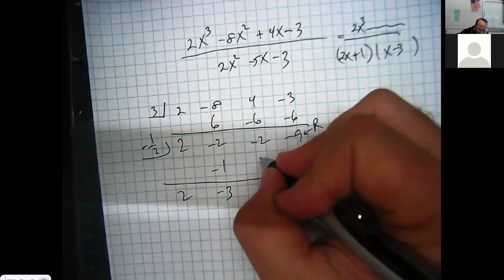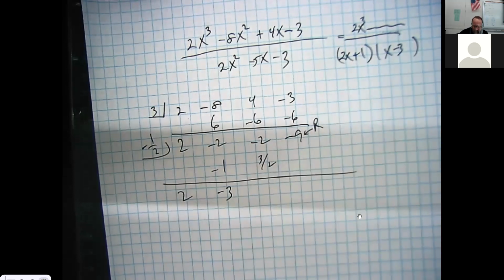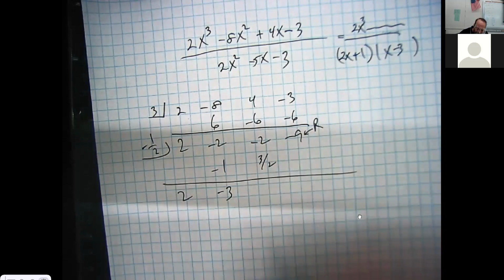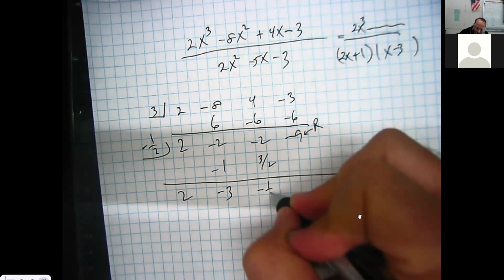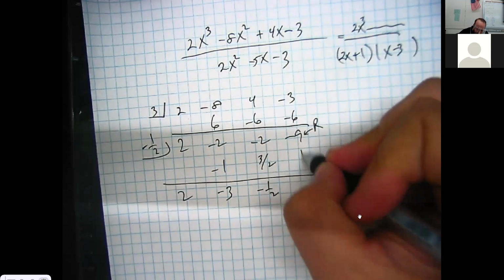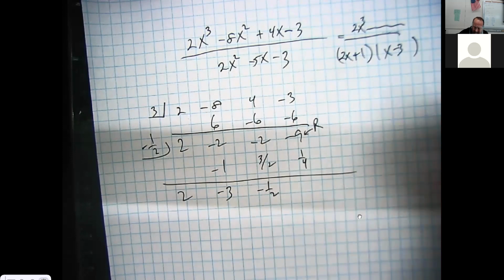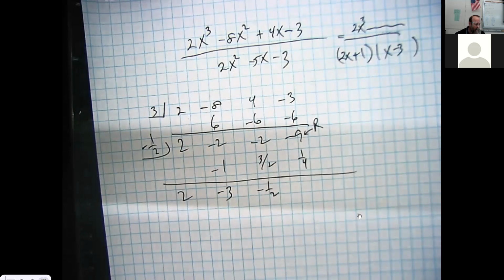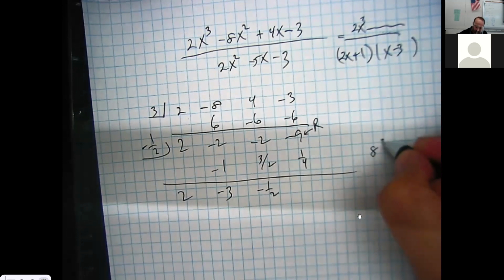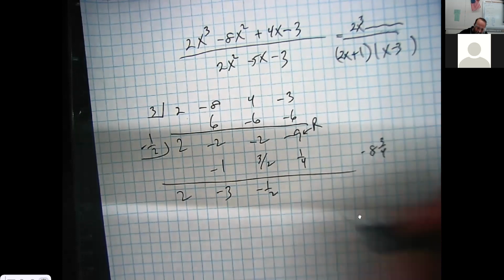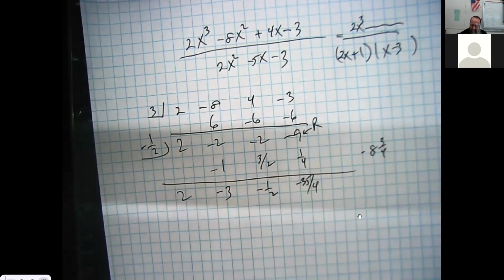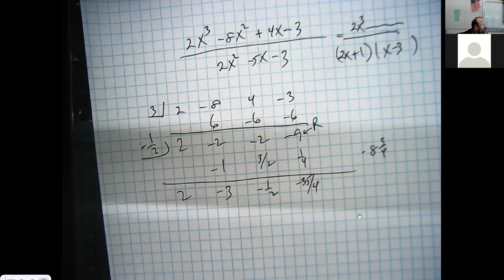It's going to be positive 3 over 2. Add down, I get negative 1/2. And then I got positive 1/4, and then I've got, dang, what is negative 9 plus that? It says negative 8 3/4. What is negative 8 3/4 as 35/4?